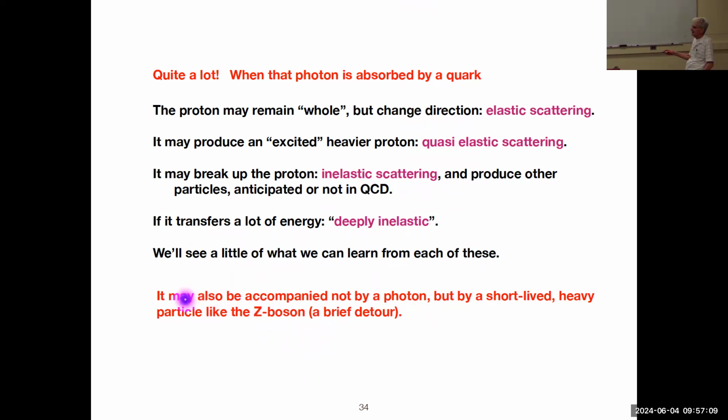And by the way, at very high energies, there are states in which it's not just a photon, but a short-lived heavy particle like the Z boson. That's another friend of the electron. The Z boson is a friend of the electron, but because it's so heavy, its energy deficit is larger, so that state lives a lot shorter.